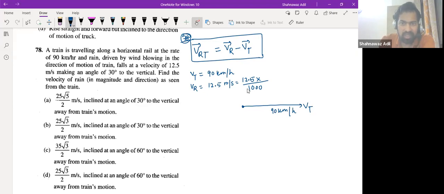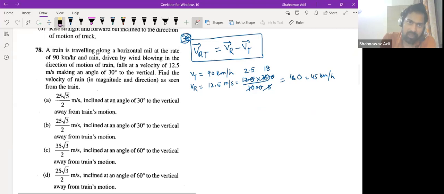So this will come in the numerator, and this will cancel out. This is 5, this is 80, this is 2, and this is 0.5. So this is how much? 90, 36, and 9, 45. So 45 kilometers per hour.